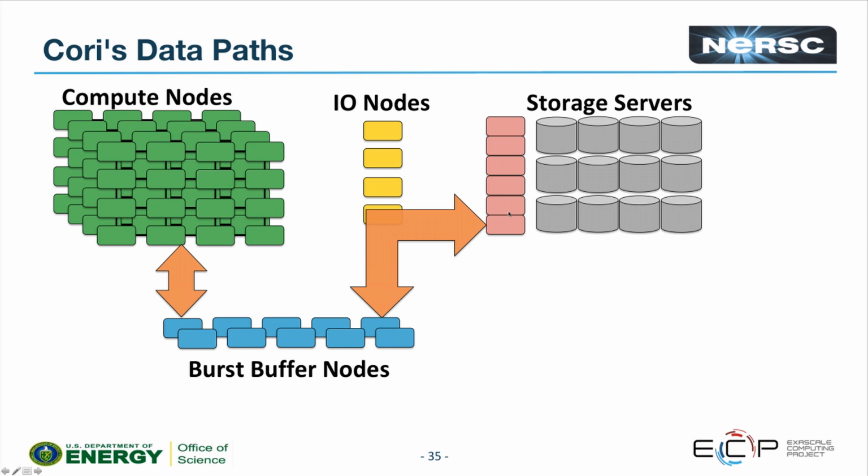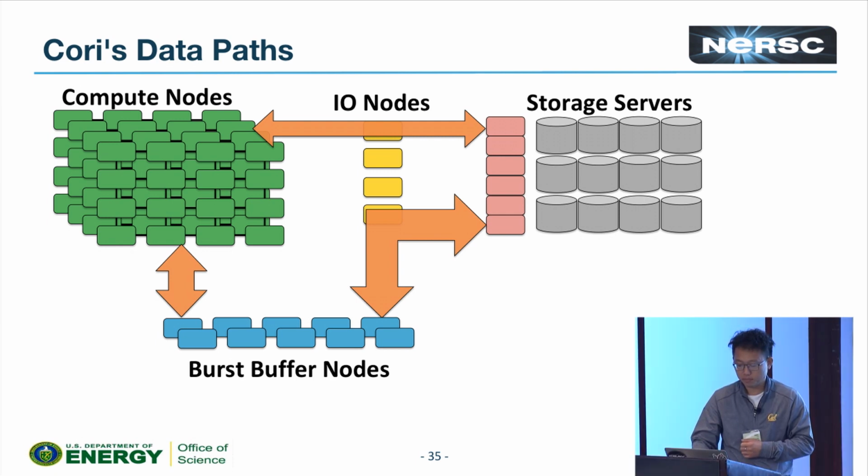And stage in and stage out have advantages over the simple cp command, because if you run the cp command on compute nodes and copy some data from the Lustre file system onto burst buffer, the data will go through the memory on the compute nodes, which is costly and not necessary.